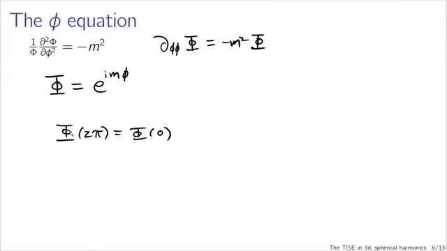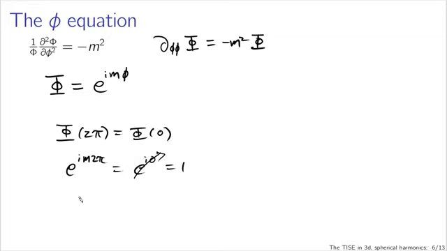So, if I plug this in, I'm going to end up with e to the i m 2 pi being equal to e to the i 0. e to the i 0, well, that's just 1. So, e to the i 2 pi times m is going to be equal to 1.